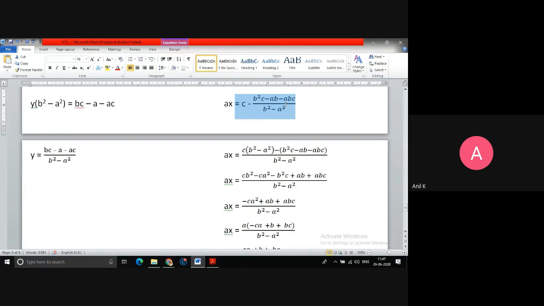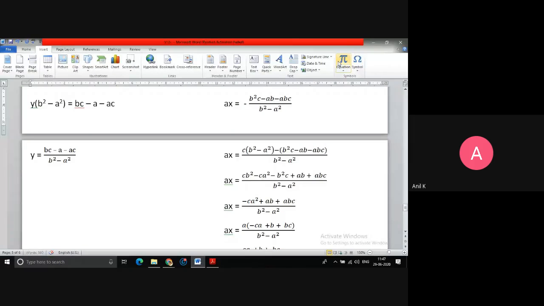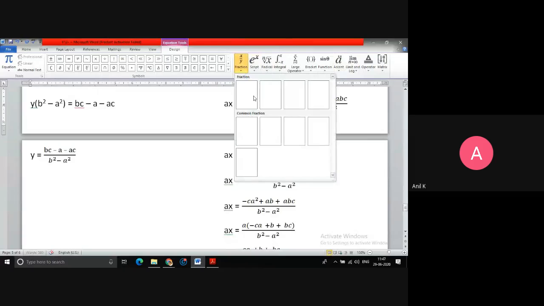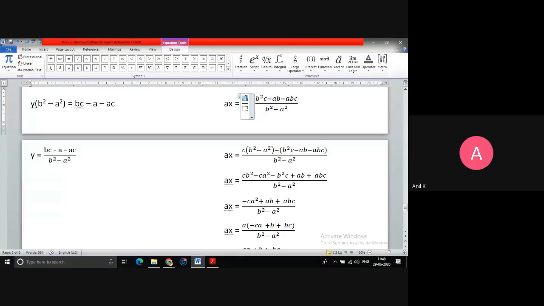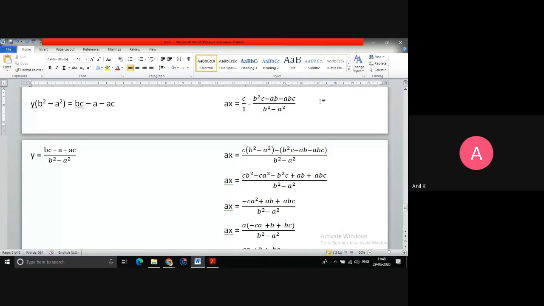Now here it is c minus some fraction, so I'll go for the LCM. Here the denominator of c is 1 only, because c you can write as c upon 1. If you want, let me write it here, so that when you take the LCM, you will not get confused. Any number you can write as number upon 1, no problem. Now I have written c as c upon 1, so the LCM is going to be b square minus a square.